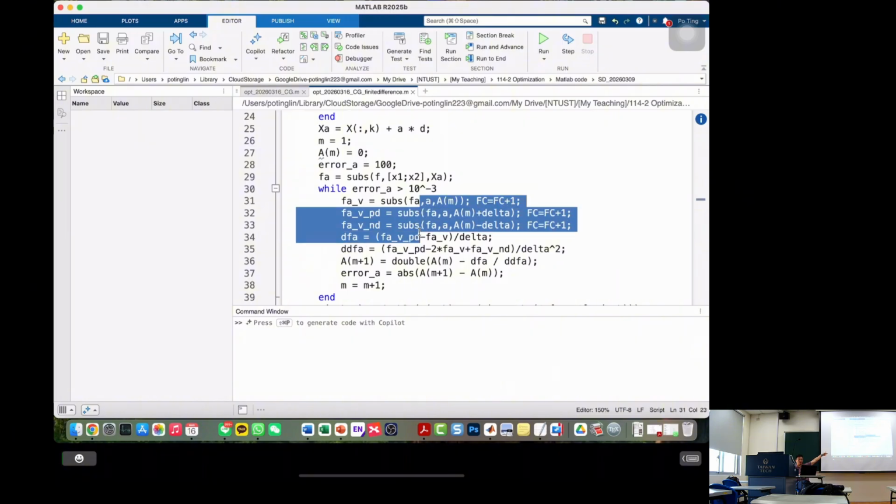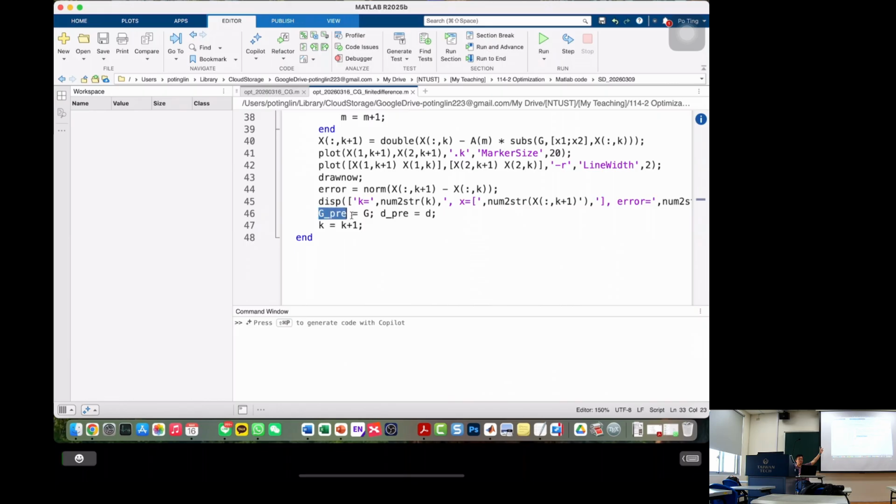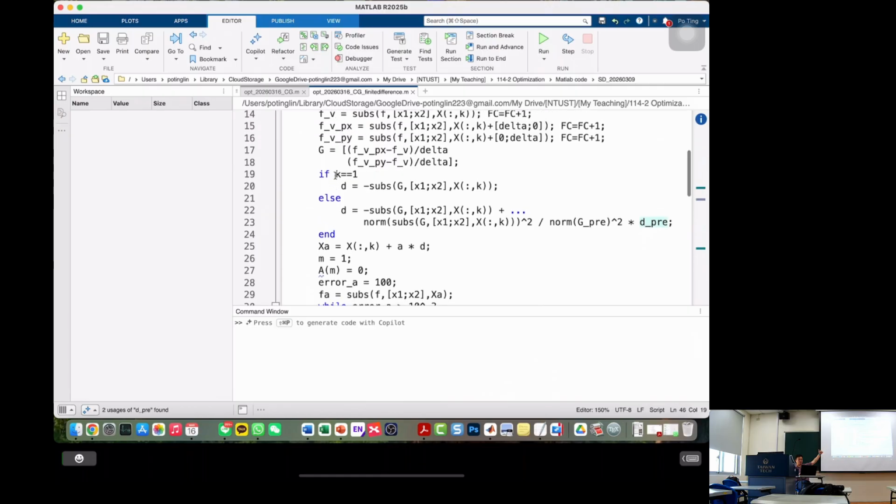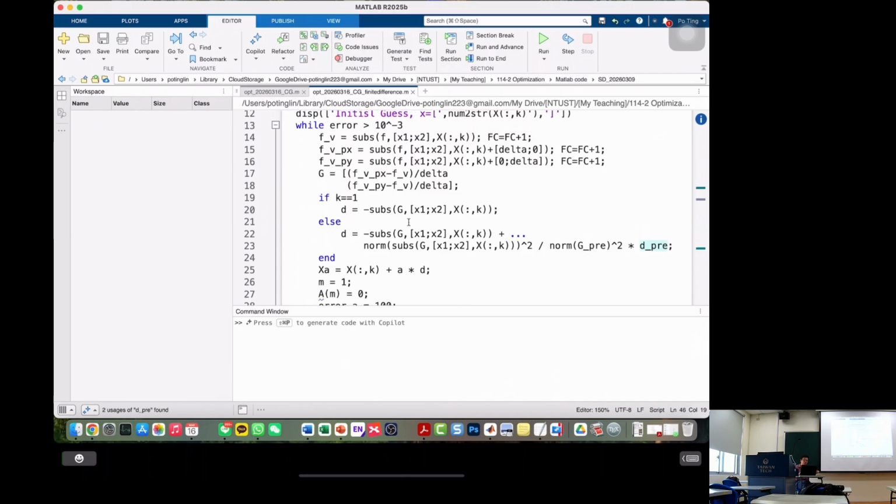Keeping a memory of the previous g and the previous d doesn't require any additional function calls. When I move on to the conjugate gradient equation, it doesn't require any new calculation. It just brings some information into my equation to update my moving direction. So that doesn't introduce new function calls.